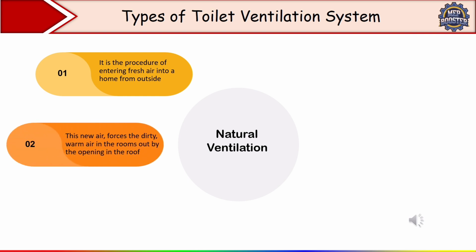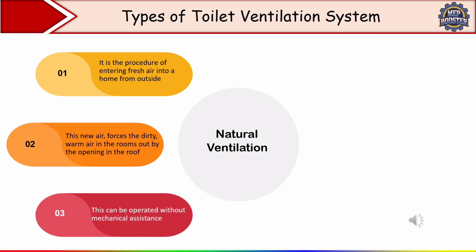Now the second point: when you are taking outside fresh air inside the room, what happens at that time? This new air forces the dirty warm air in the room out by the opening in the roof. Third, this can be operated without mechanical assistance.